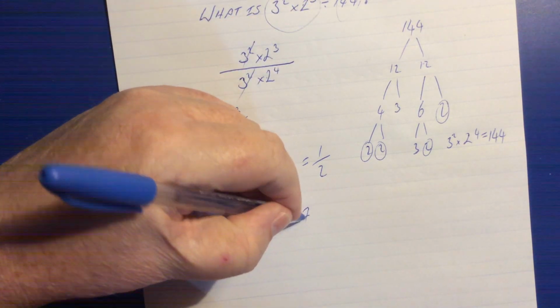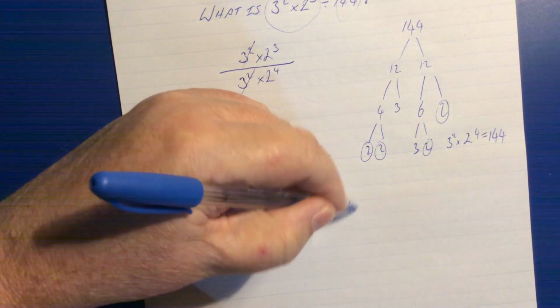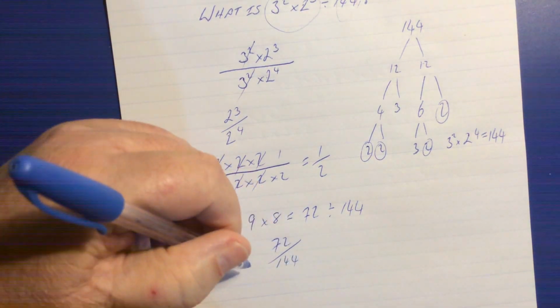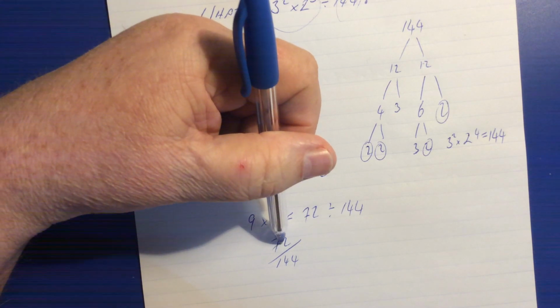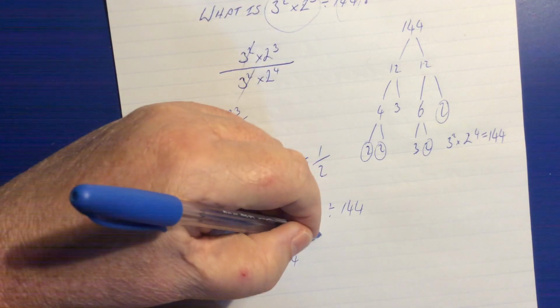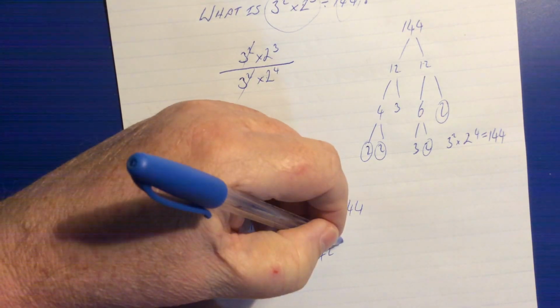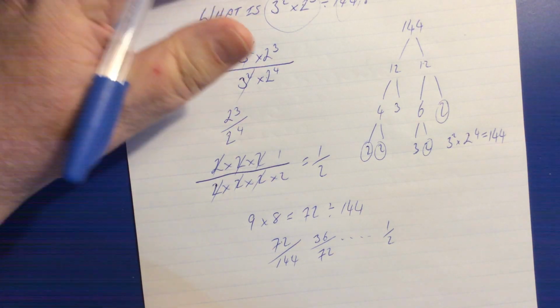Now 9 eighths are 72, and we're dividing by 144. Well, 72 on 144. If you don't see it immediately that this equals a half, you can go through the process of cancelling. So 36 over 72, 1 over 2. So that's another way of looking at it.